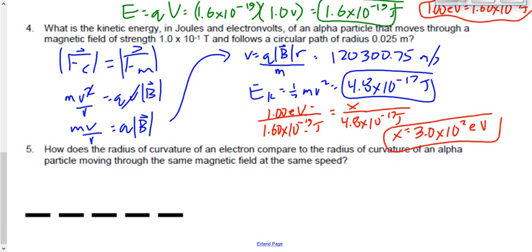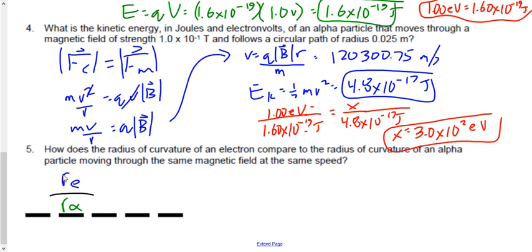So, number 5 says we want to compare the radius of curvature of an electron's path to the radius of curvature of an alpha particle's path. We know we want to compare two things, we divide. So let's say radius of the electron's path divided by the radius of the alpha particle's path. Now, if we know the numbers, that's great, easy.